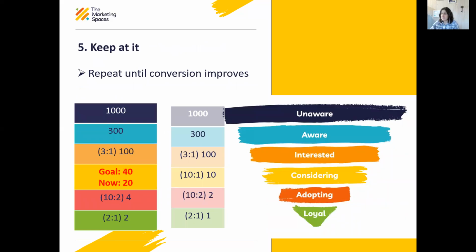until the conversion improves. Do you remember our goal here was to get 40 people considering us? We were going from 100 to 10, which we thought, no, that's no good. But hey, we've made some changes. What we've done is put in a really clear call to action. Or actually, I was talking with an accountancy firm recently, and they said, we phone people.